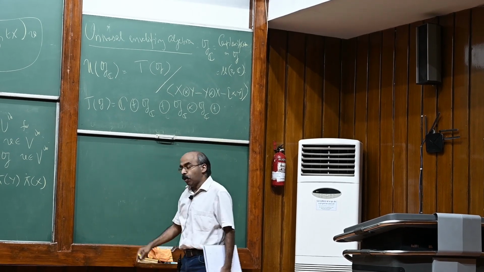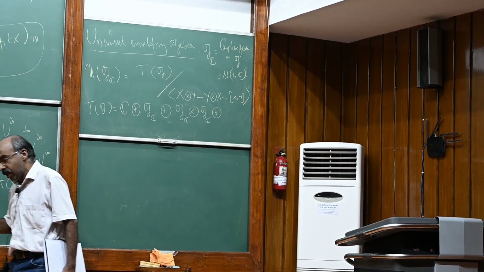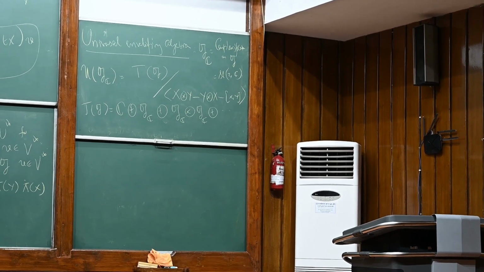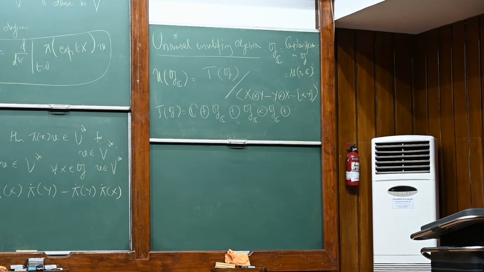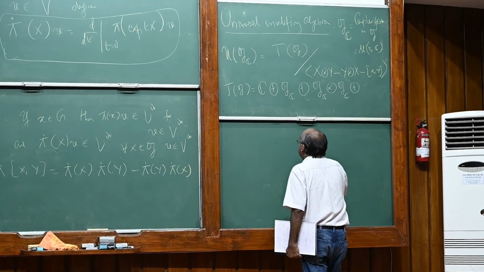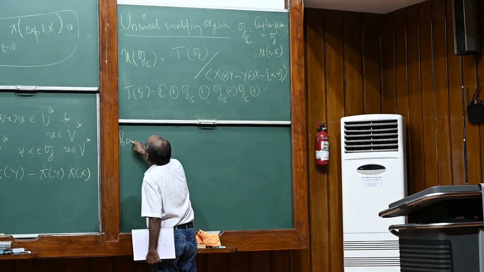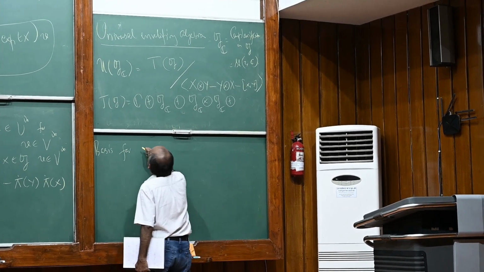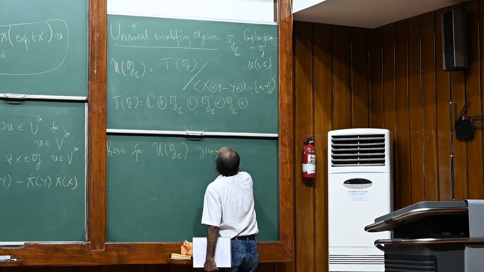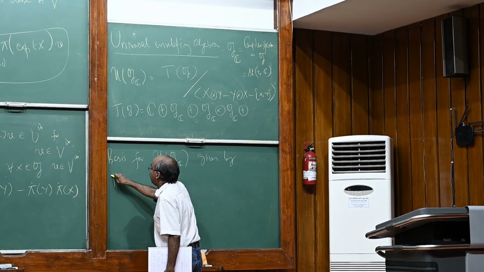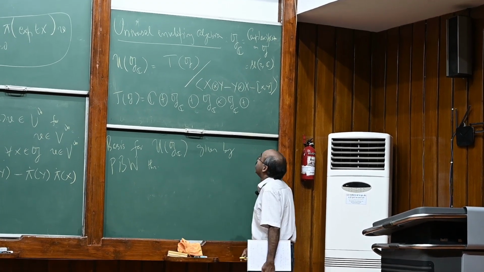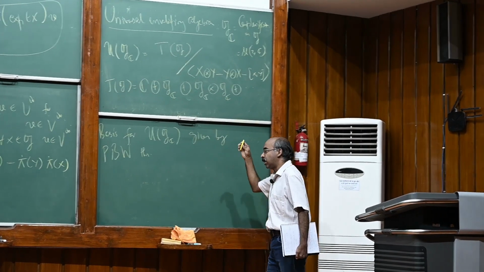And one has the Poincare-Birkhoff-Witt theorem, which gives a basis for the universal enveloping algebra. You take a basis for G and then look at the monomials defined by those bases. That will be your basis for U of G_C, given by the Poincare-Birkhoff theorem. So in our case it's three-dimensional, so I'll write only that.